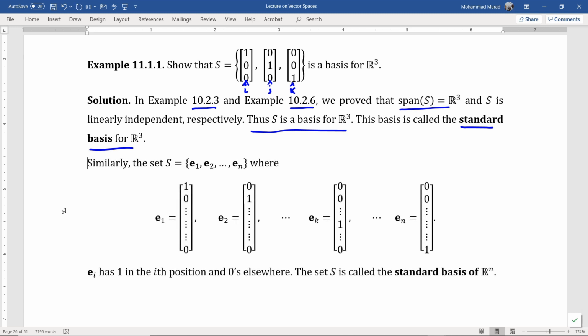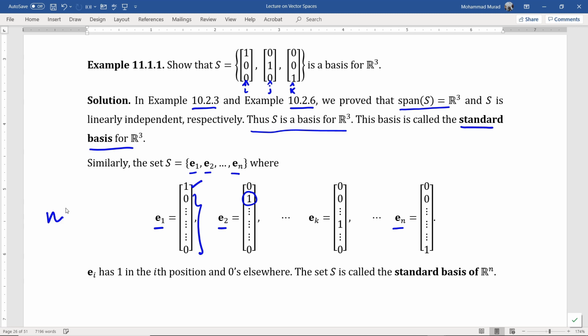Similarly, the set S containing the vectors e sub 1, e sub 2, all the way up to e sub n, where e sub 1 is a vector with n components, with the first component being 1 and the rest of the components zeros. Similarly, e sub 2 has the second component 1 and the rest of the components are zeros, and so on.